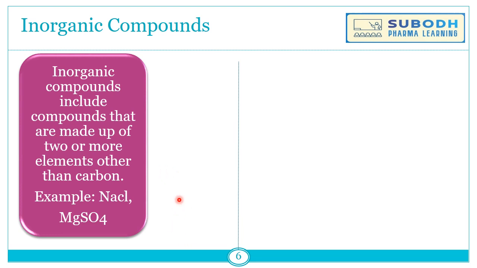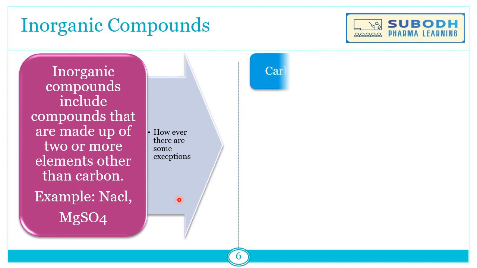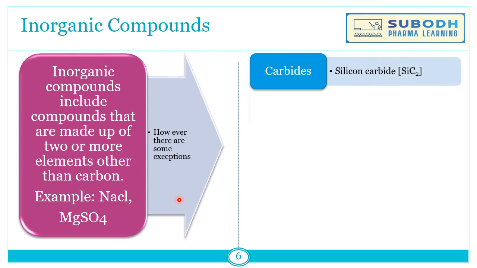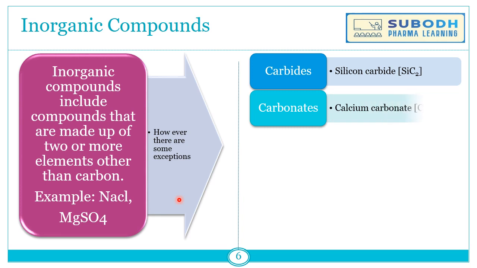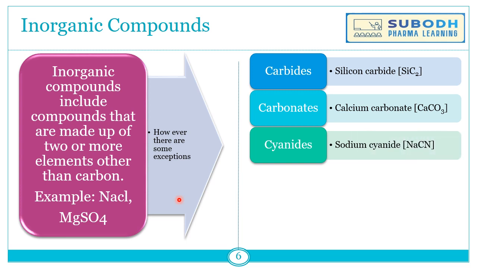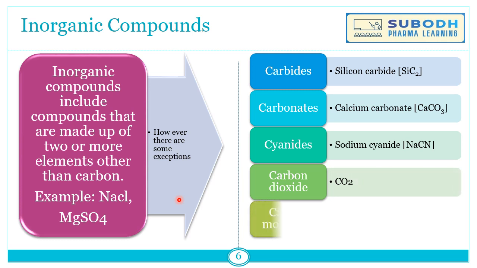However, there are some exceptions that contain carbon, such as carbides. In this, silicon carbide contains carbon atoms. Also carbonates, cyanides, carbon dioxide, and carbon monoxide.